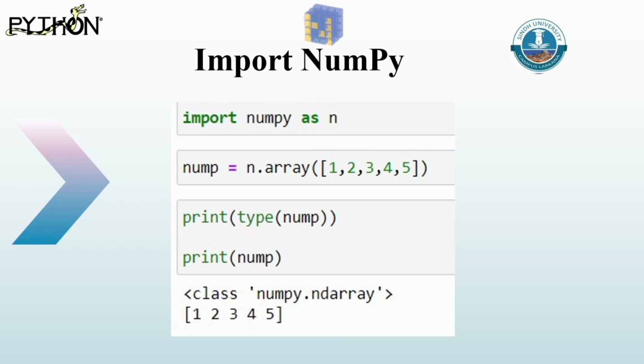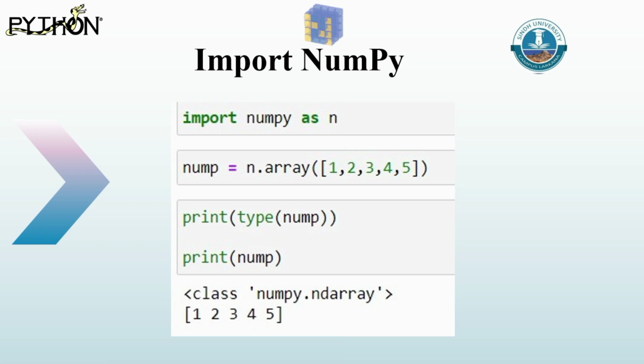Then we have import numpy as n, which is another form that is used to give an alternative name to NumPy. It means wherever we need to write this word NumPy, we can use n instead of NumPy.